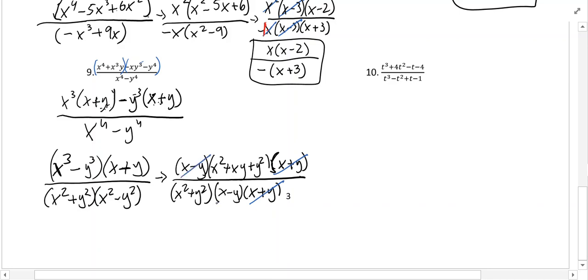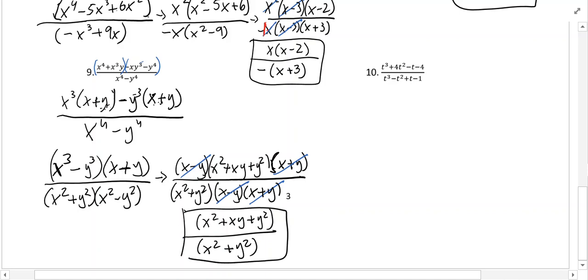X minus y on top can cancel out with x minus y on the bottom. So you're left with, in your final answer, x squared plus xy plus y squared over the quantity x squared plus y squared. So this is your final answer. So again, you always want to make sure everything is fully factored.